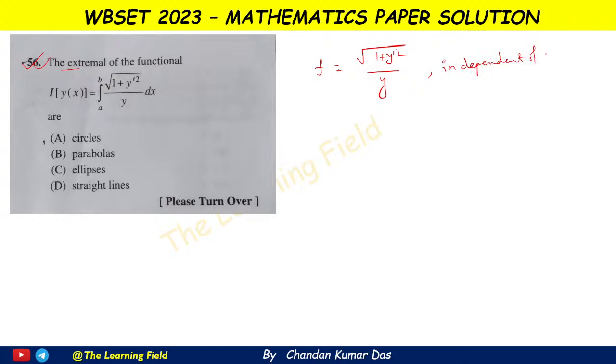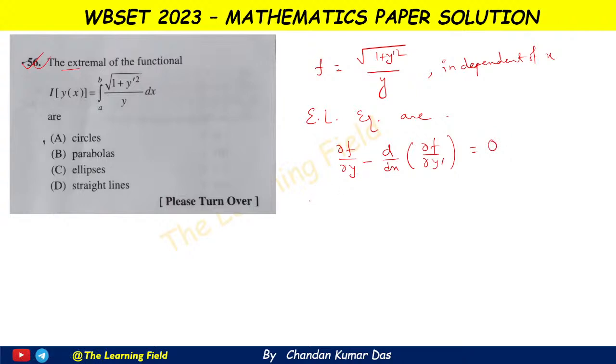Independent of x, and in case of independent of x, we must write the Euler-Lagrange equation. What? The Euler-Lagrange equation is del f del y minus d/dx of del f del y dash, this is equal to 0.